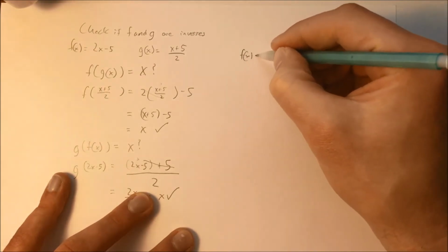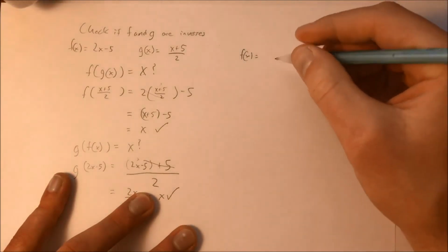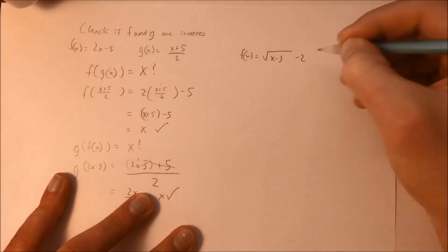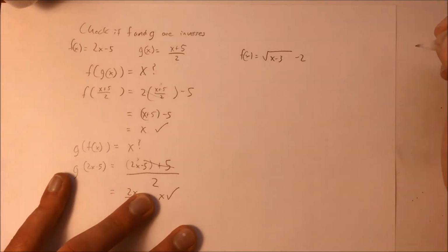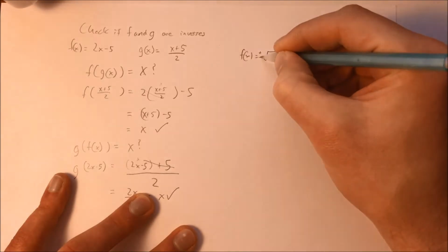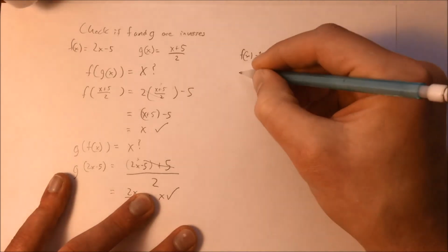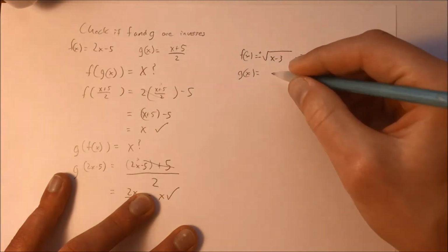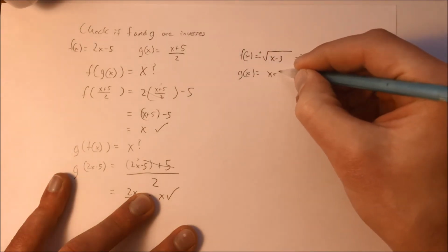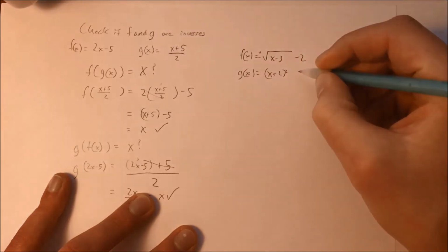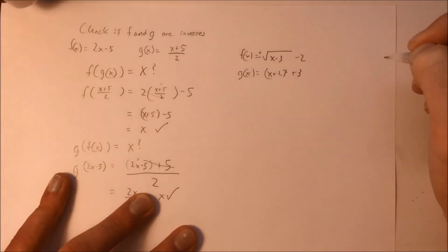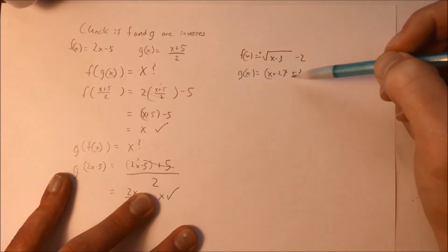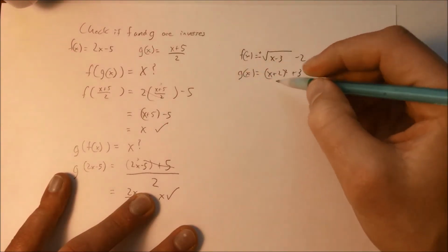If f of x is equal to plus or minus the square root of x minus 3, minus 2, and I'm actually going to put a plus or minus on here, and if g of x is equal to x plus 2 squared plus 3, if that happens, then if f of g of x is equal to x, then I know it's got to be an inverse.